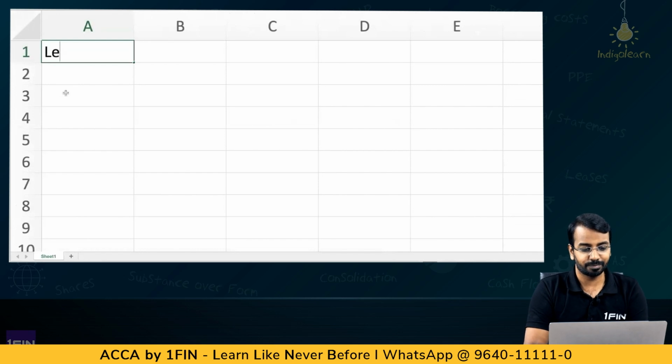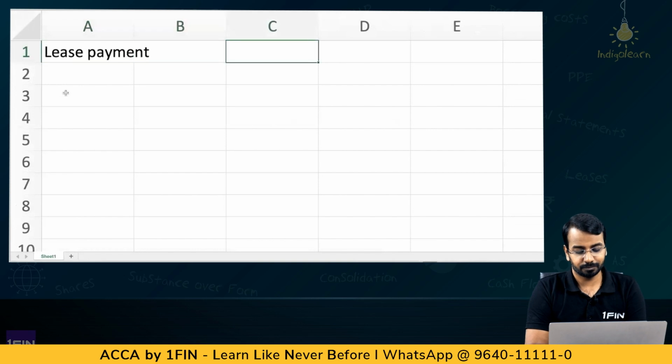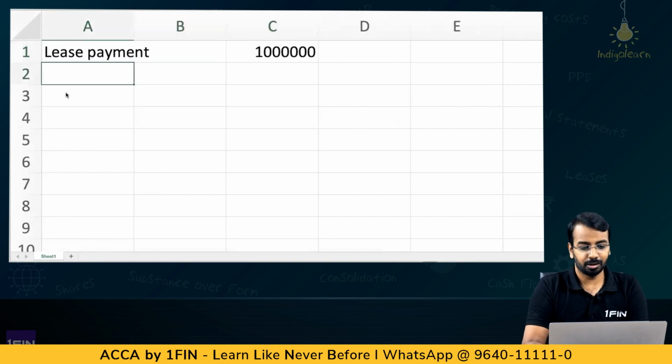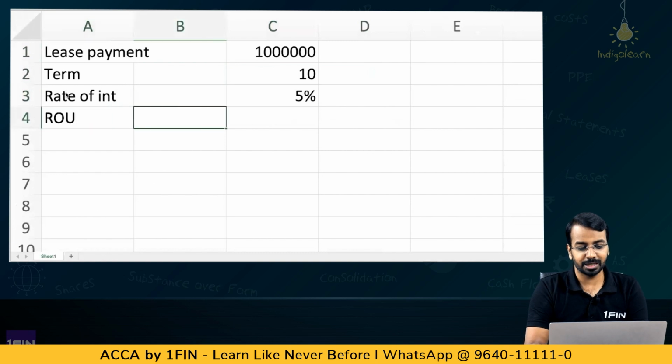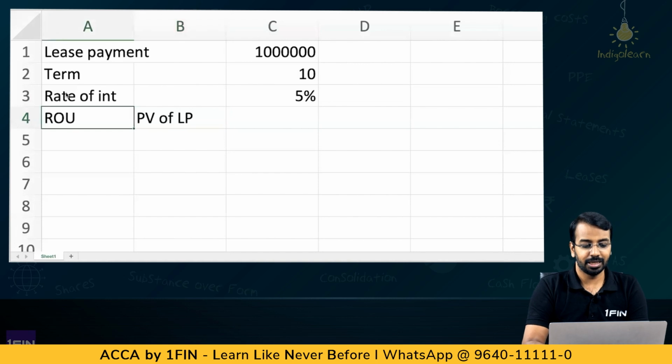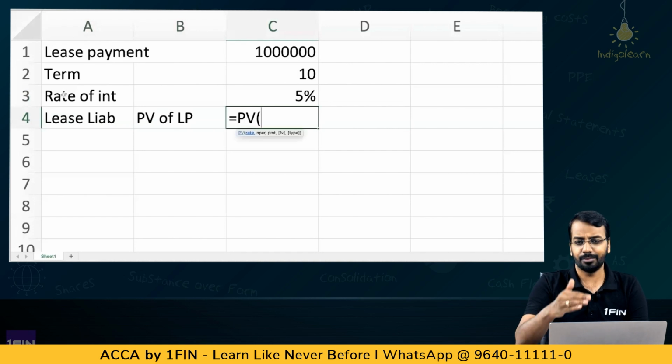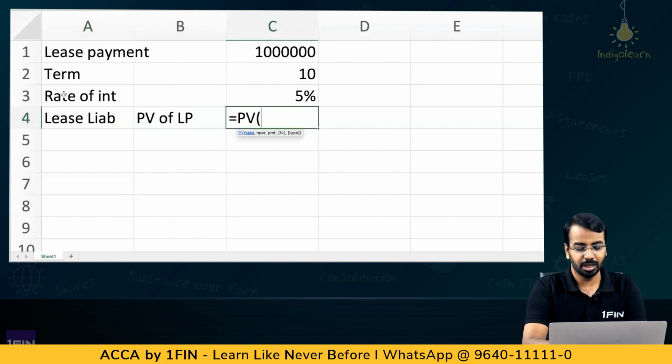Now, there is the lease payment. Lease payment is $1 million, term is 10 years, rate of interest is 5%. So, the lease liability is the present value of lease payments. I am not doing a detailed calculation because these numbers will be given to you in the examination.